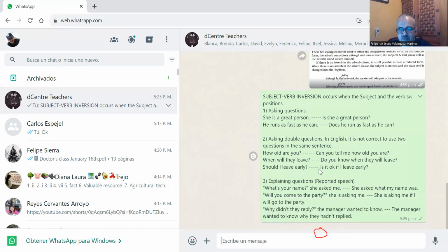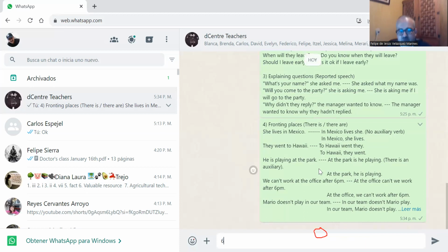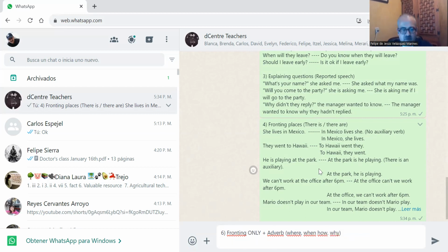Okay. The same happens when you front only plus an adverb. What is an adverb? Something that answers the question where, when, how, or why. Okay. We can do it only after work.